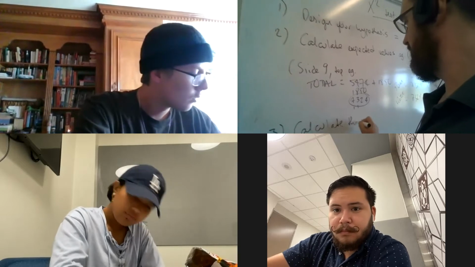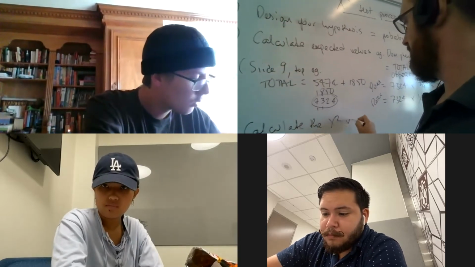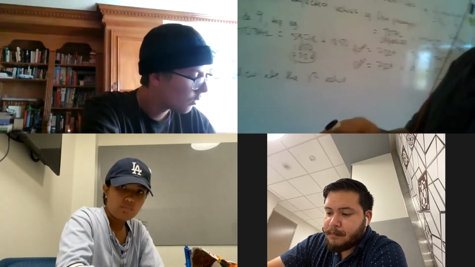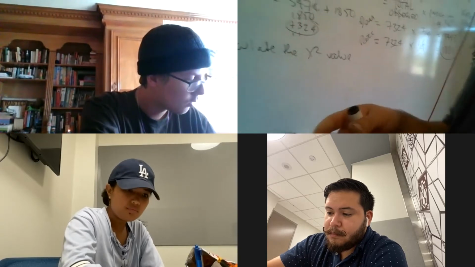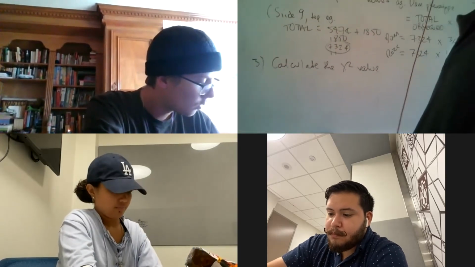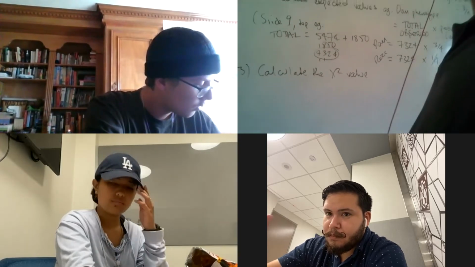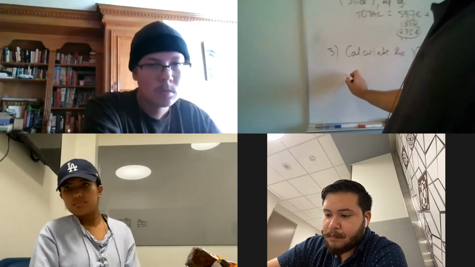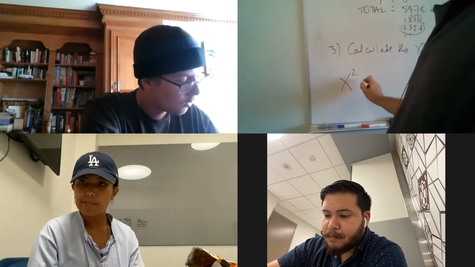Step 3 is calculate the chi-square value. Right, that's the next step. I'm going to have to put this a little bit lower. If I'm pointing in some random direction, just let me know and I'll correct it. So the chi-square value is calculated as such.